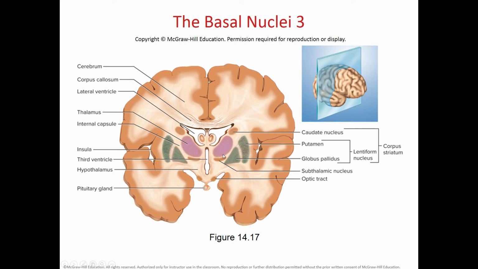This is the globus pallidus that, together with the putamen, forms the lentiform nuclei, and when they form a triad with the caudate nuclei, you form the corpus striatum. Again, they control the movement of our skeletal muscles.